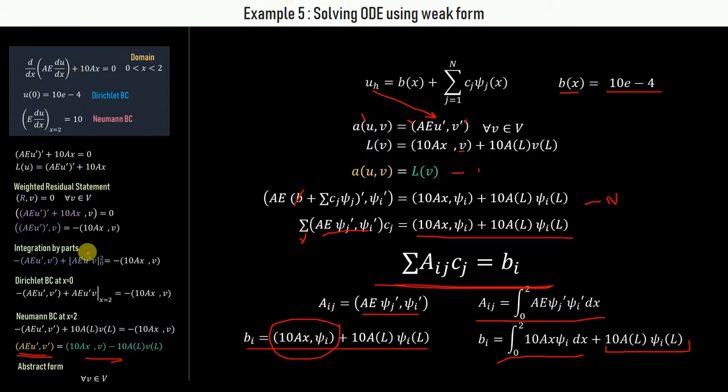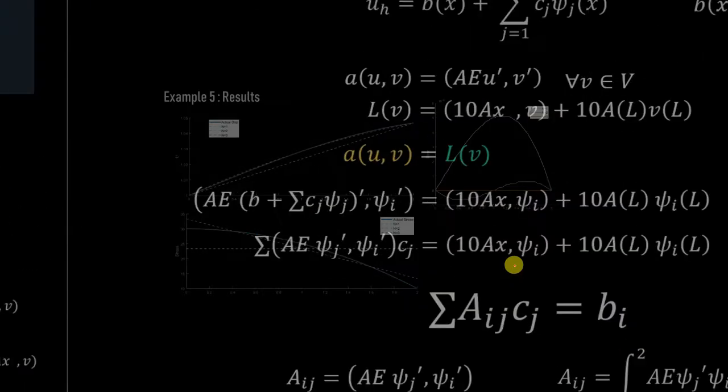We wrote the basic residual form, integrated it by parts, and substituted the Dirichlet and the Neumann boundary condition, and we got to the abstract form of the equation, which is A(u, v) equals L(v), and we substituted the trial solution that we constructed into the weak form, and we did some manipulation to separate cj, and then we evaluated this aij and bi matrices so that we can solve this linear set of equations.